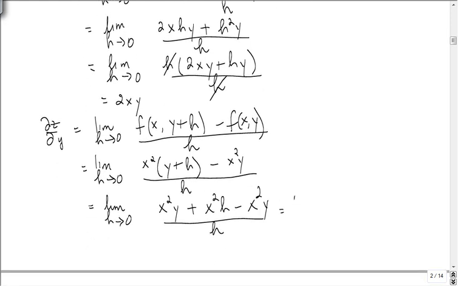That's equal to the limit as h approaches 0 of x squared h over h. The h's go, you're left with x squared. Any questions?